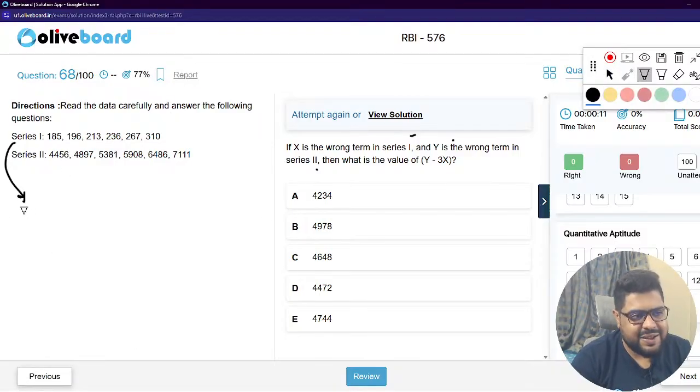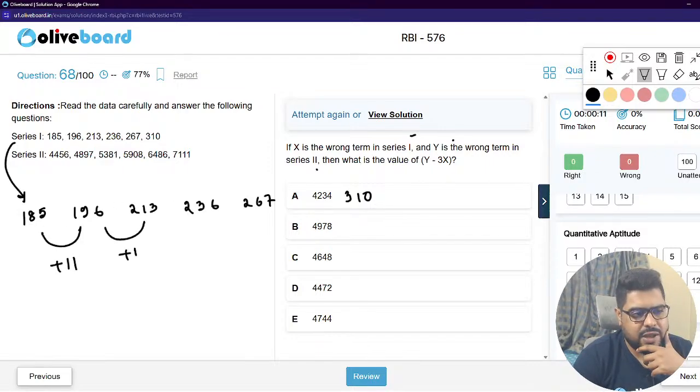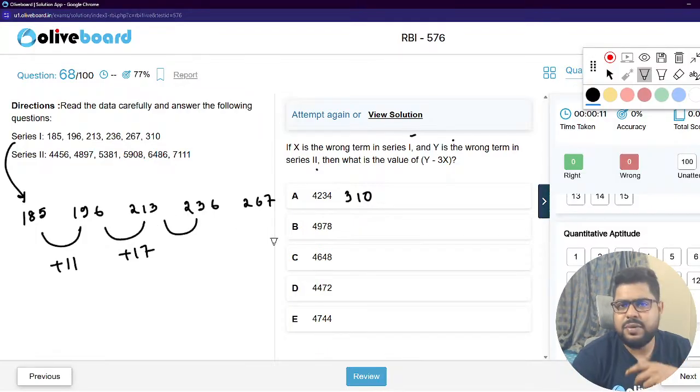Okay, let's see. 185, 196, 310. This is plus 11 plus 17. Is it a prime number? So this is how much? Plus 23.